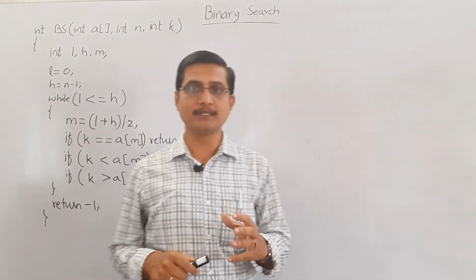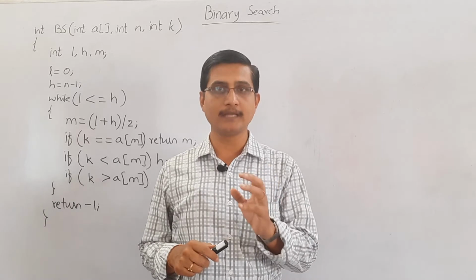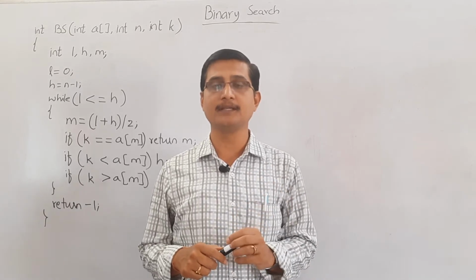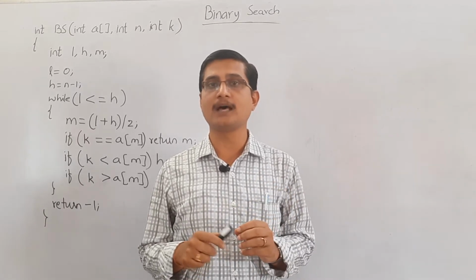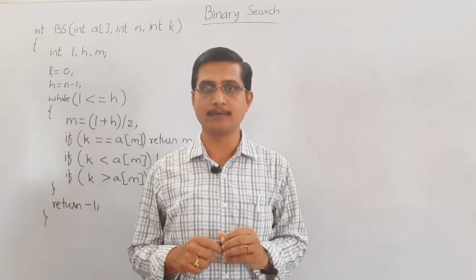Here, the method is we are going to find the middle of the element, and the requirement here is the elements in the array should be arranged in ascending order. That is one of the requirements.